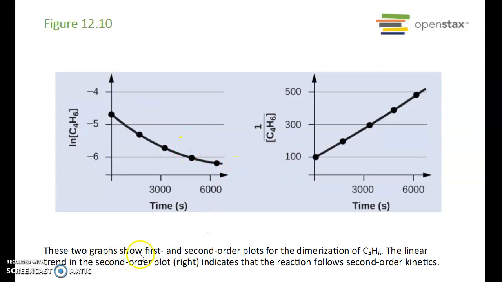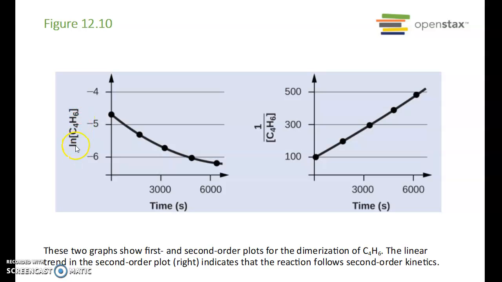These two graphs show first and second order plots for the dimerization of C4H6. The linear trend of the second order plot over here indicates this follows second order. This is 1 over that concentration. This is strictly the log of the concentration right here.